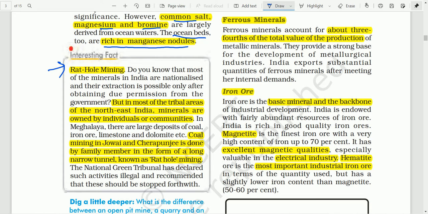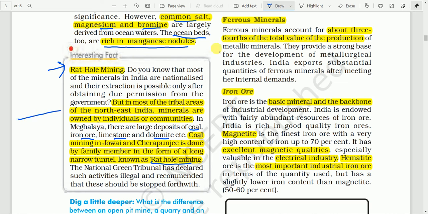In Meghalaya, in Nagaland, these coal mines and other mines are owned by individuals or by the communities. And in Meghalaya, there are large deposits of coal, then iron ore, limestone, and dolomite, etc. Coal mining in Jowai and Cherrapunji is done by family members in the form of long narrow tunnels known as rat hole mining.